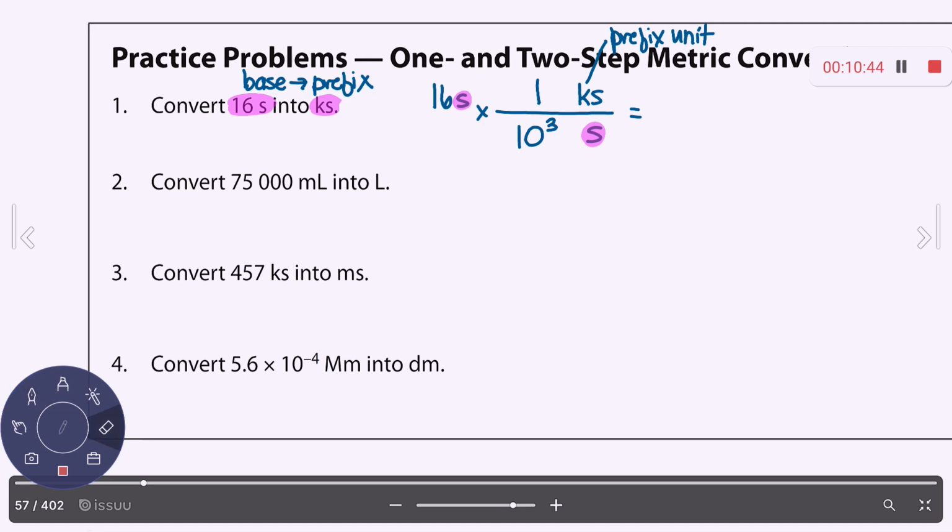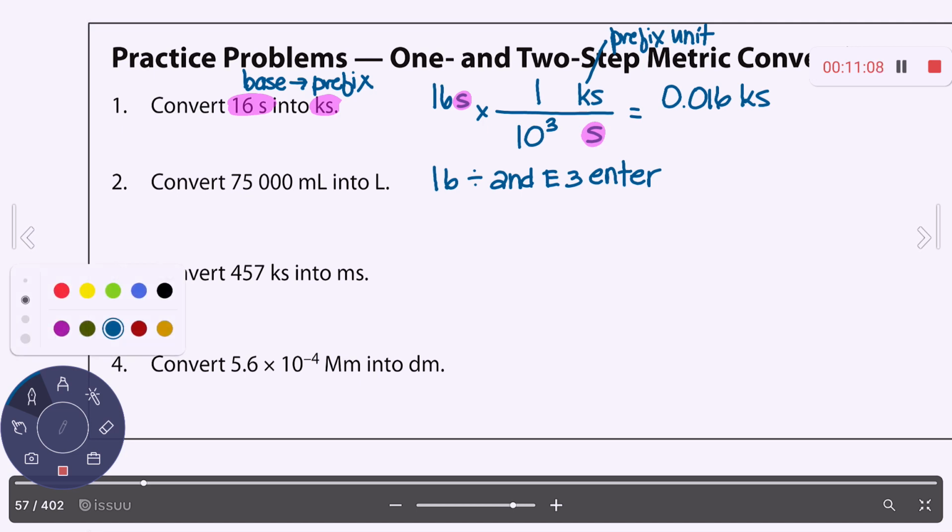And then in your calculator, since the power of 10 is on the bottom, we're going to divide. So this is going to be 16 divided by second E 3, enter. And I believe you're going to get 0.016. Correct me if I'm wrong. Yes?